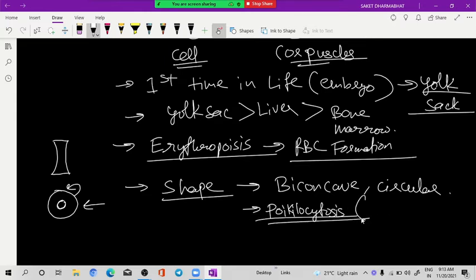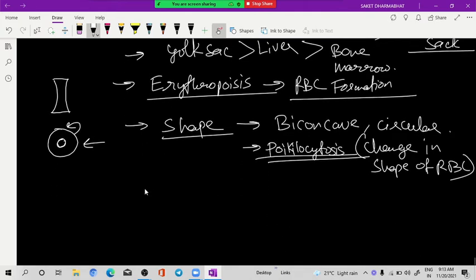Poikilocytosis means what? Change in shape of RBC. That is called poikilocytosis. Understood? Now second, if we talk about the size of mature human RBC.